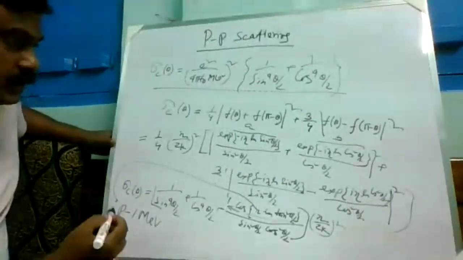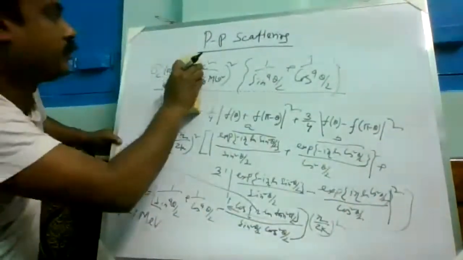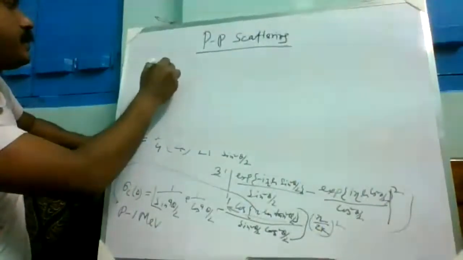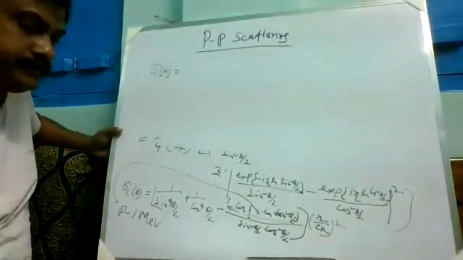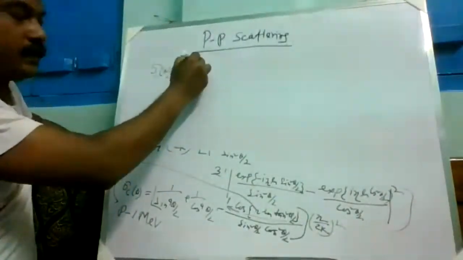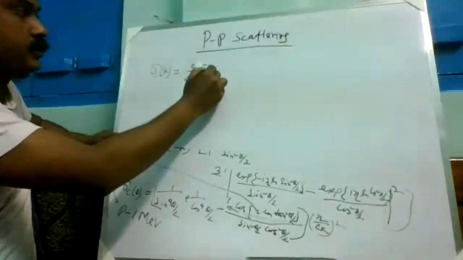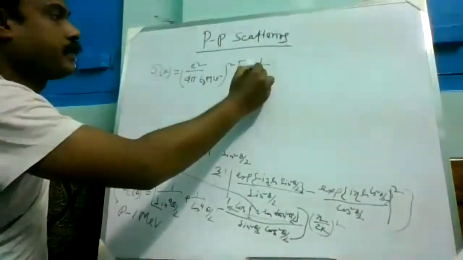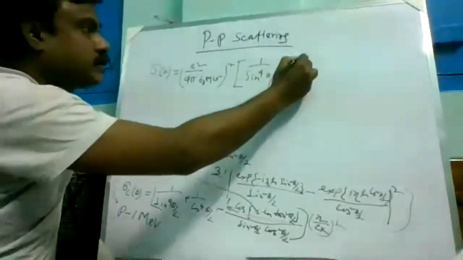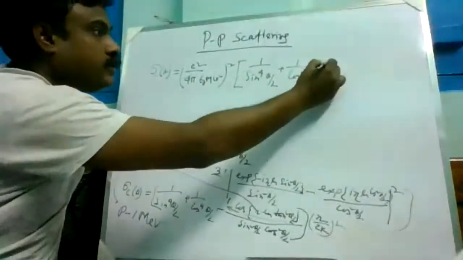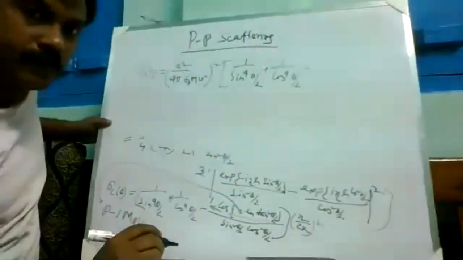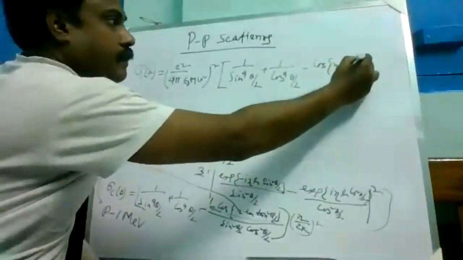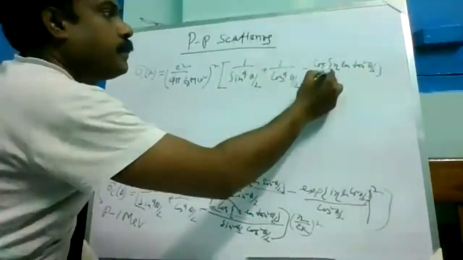this expression, right? More sigma, this will be equals to E square by 2 by epsilon 0 m this square, 1 by sin 4 theta by 2 plus 1 by cos 4 theta by 2 minus of theta ln tan square theta by 2.